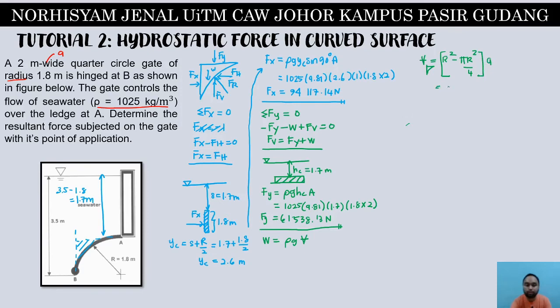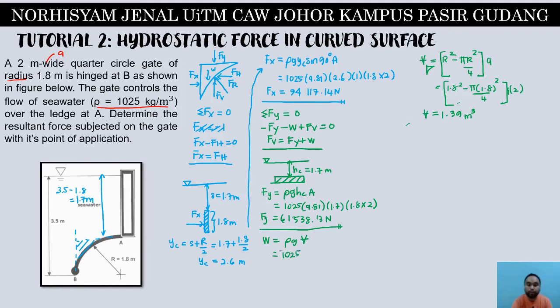So this is equal to 1.8 square minus pi times 1.8 square divided by 4, multiplied by 2. So the volume will be 1.39 meter cube.